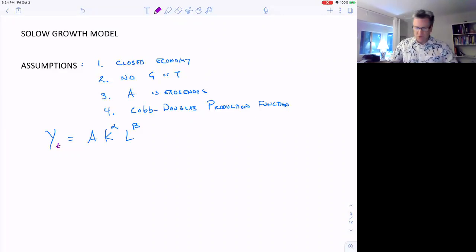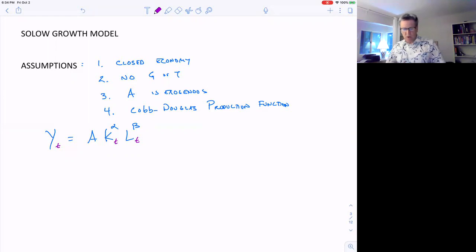So a time subscript here on y, and a time subscript on k, and a time subscript on L. So by putting in the time subscript, we're making this a dynamic model that changes over time rather than a static model. Static models, we're comparing one equilibrium to another equilibrium, and a dynamic model is more of the path from one equilibrium to another equilibrium over time. Notice there's no t on total factor productivity, the A variable.